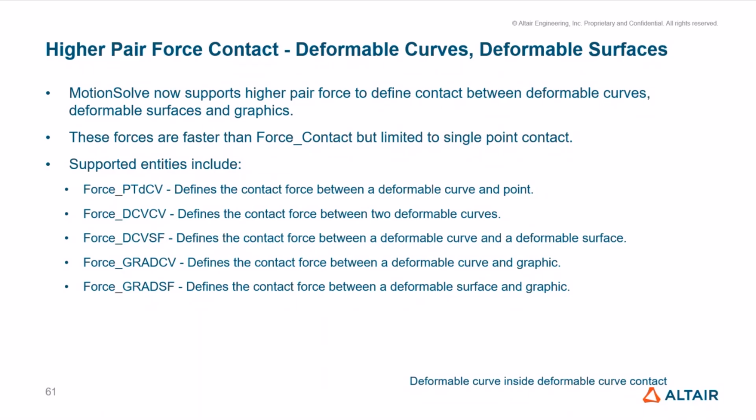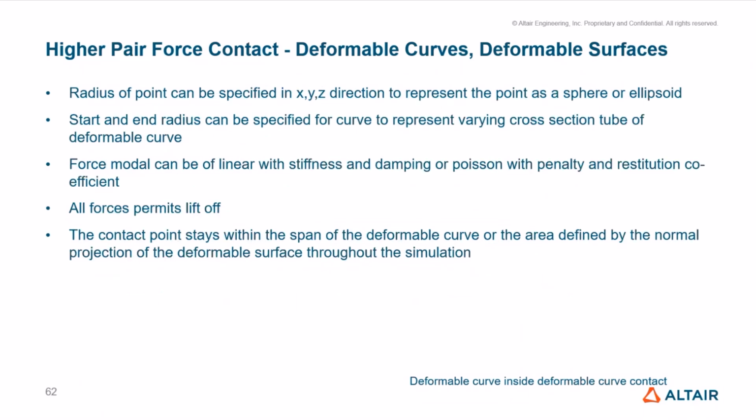So when you have a point, the point can have a radius, and it can be a sphere or ellipsoid based on the radius specified in the XYZ direction. All curves can be represented as a tube with start and end radius. And the force model is linear or linear with stiffness and damping.